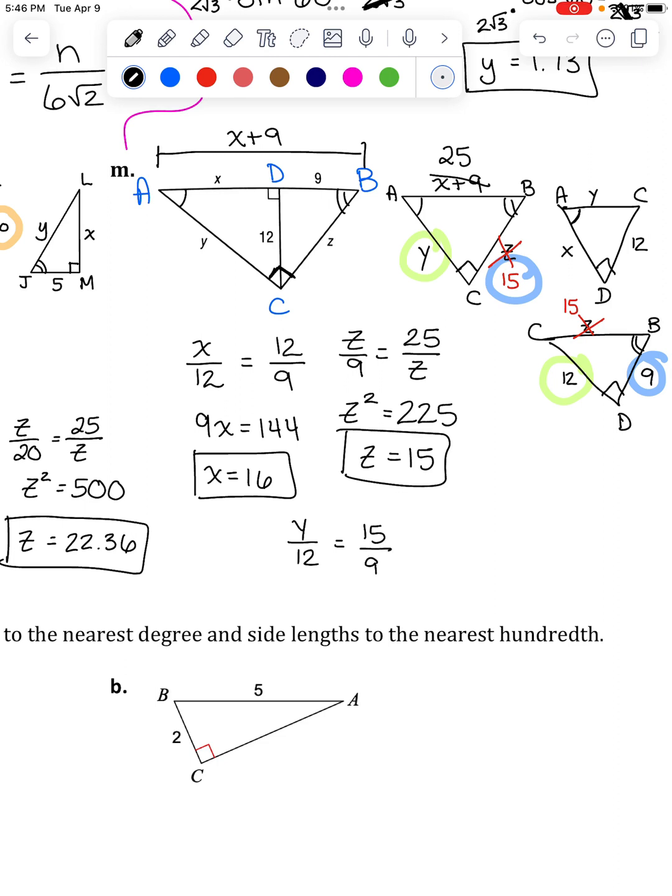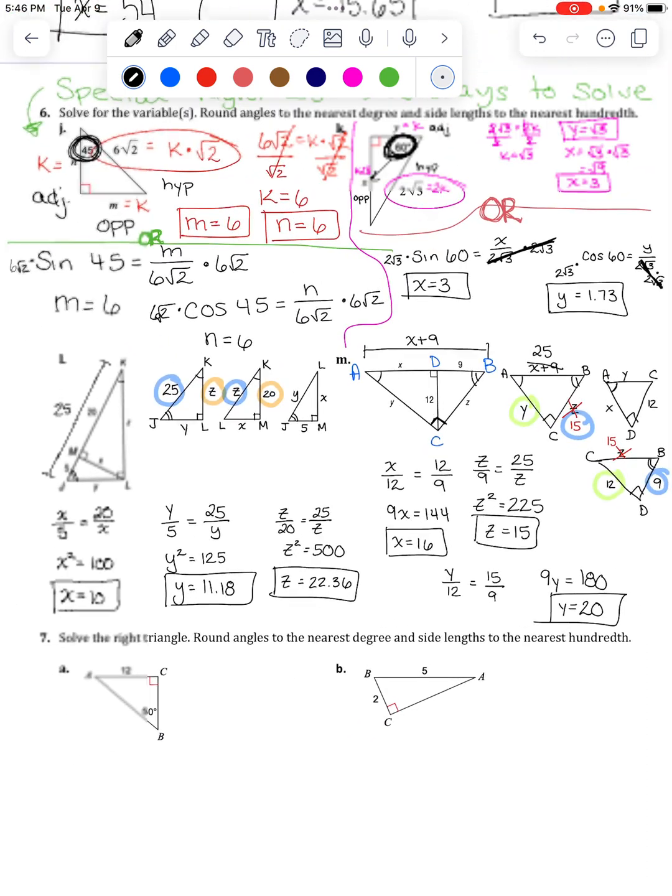Either way, I should get the same answer. Y over 12 equals 15 over 9. Cross multiply, 9y equals 12 times 15 is 180. Divide by 9, and y is 20.